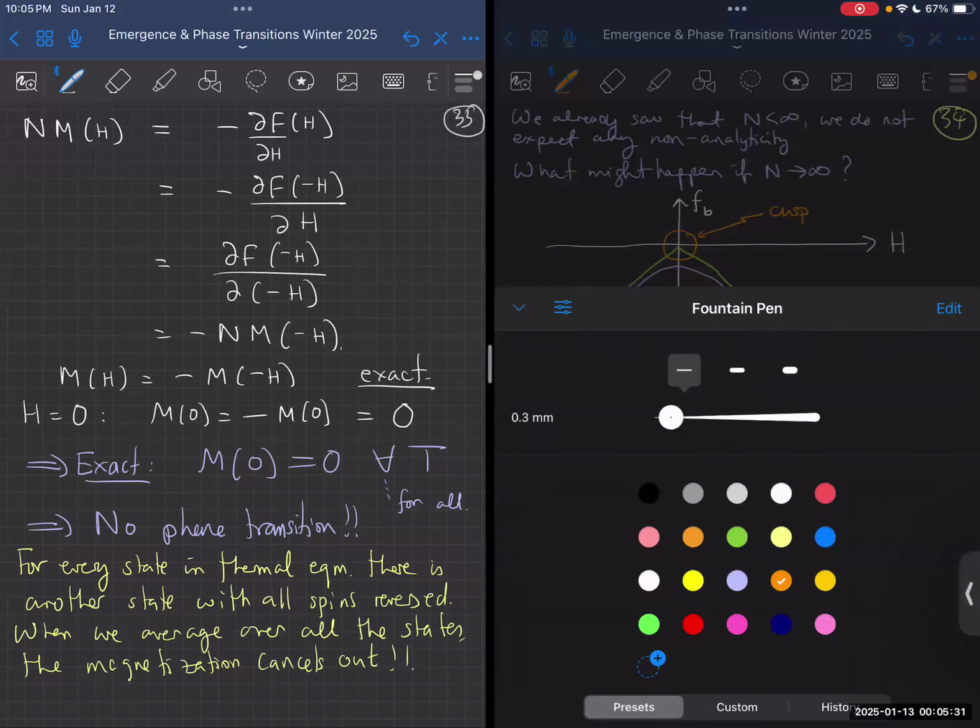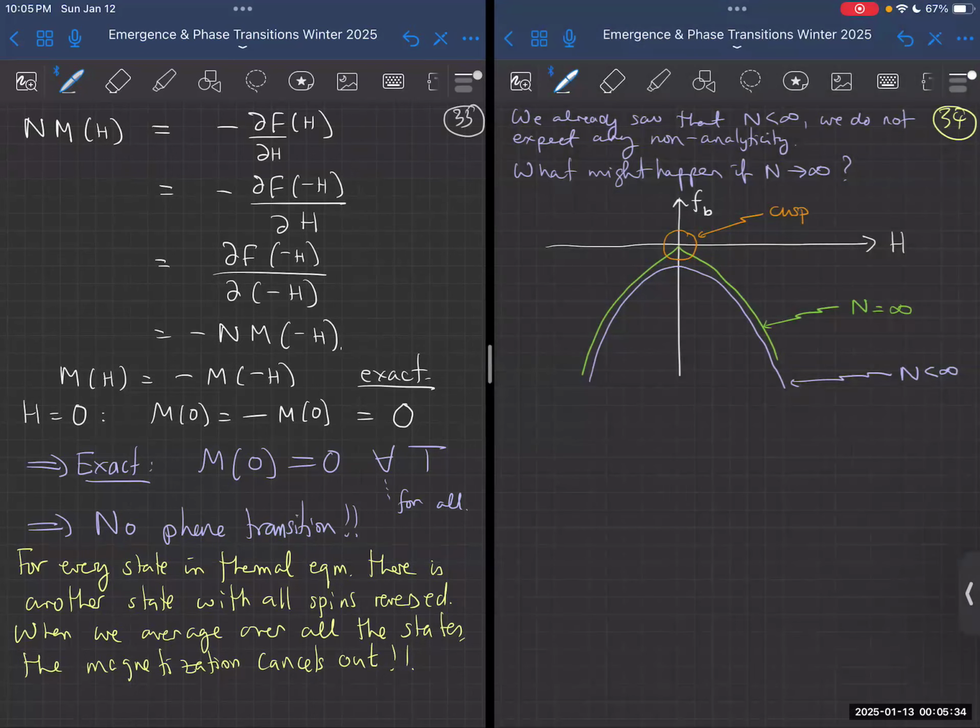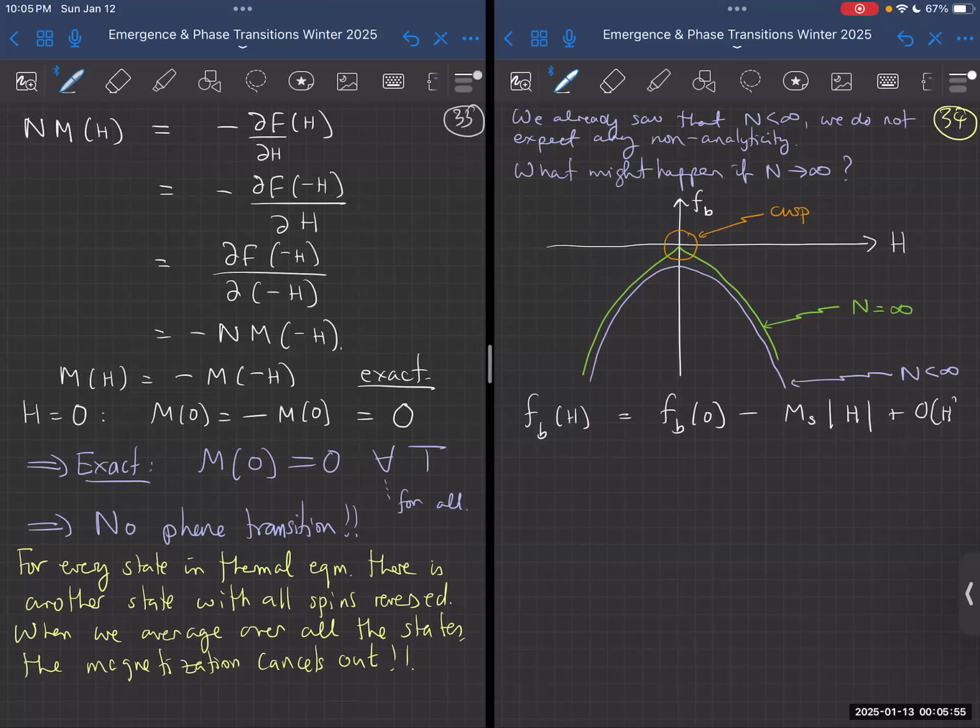If this picture is true, then fb as a function of h looks like this: some value fb of 0 minus something, which I'll call the spontaneous magnetization, times the absolute value of h. That term is the cusp, and then there are higher order terms, where sigma, the exponent, is greater than 1. This behavior corresponds to the following.